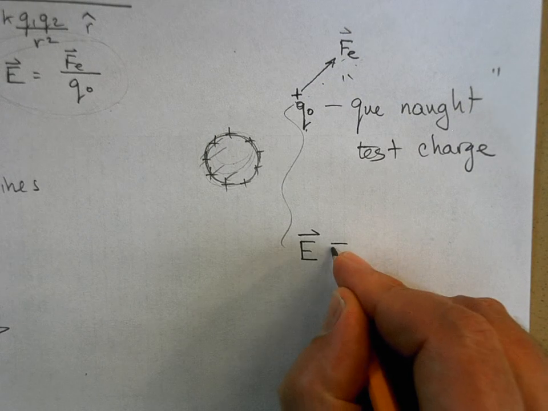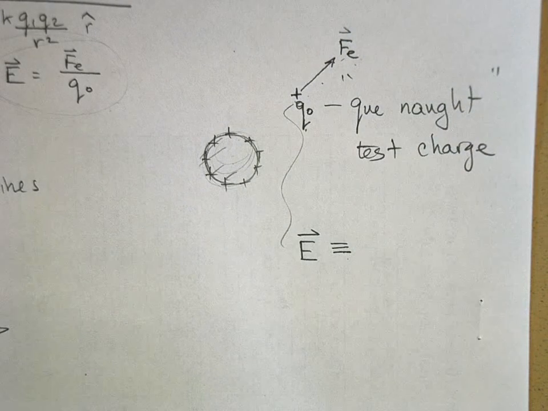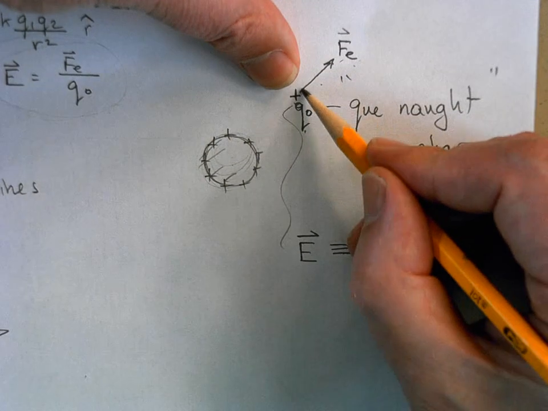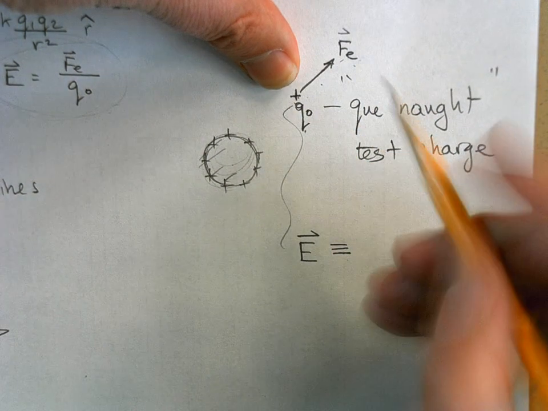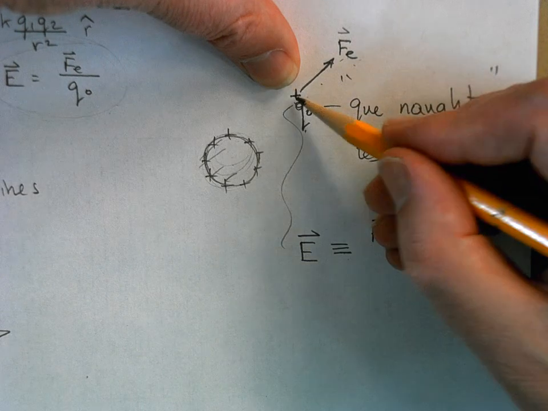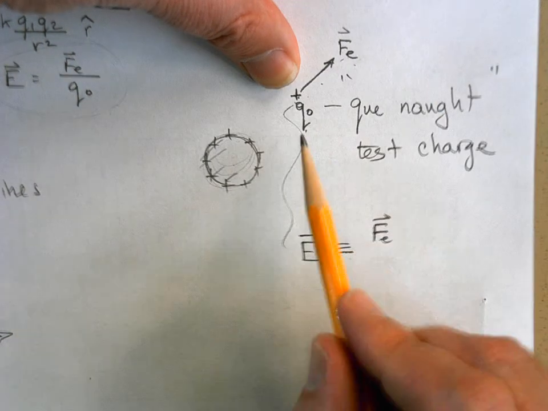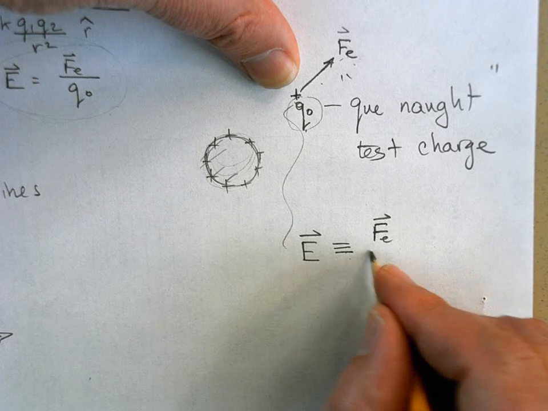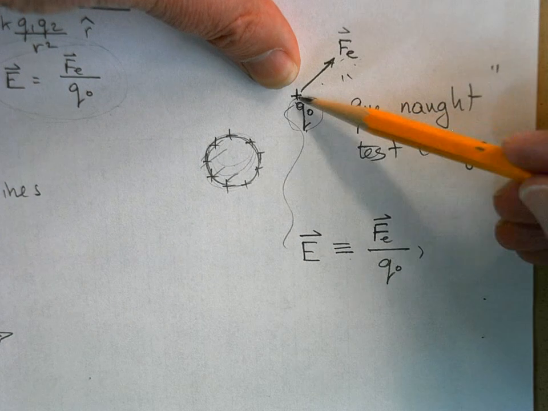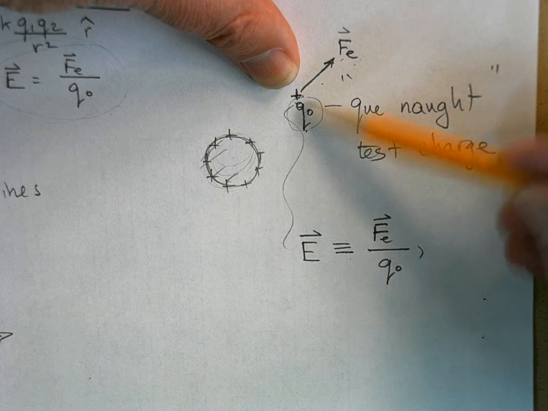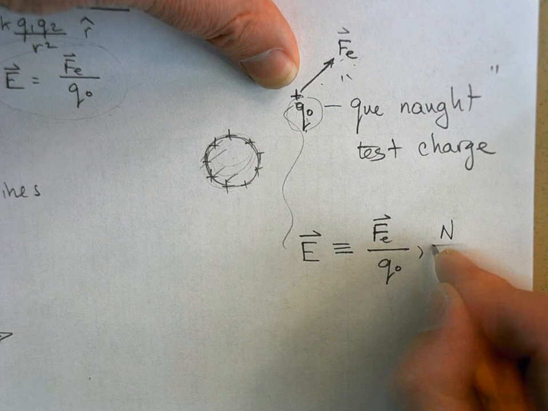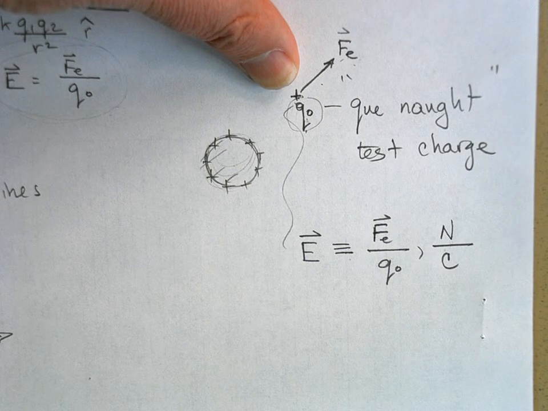By definition, the electric field is equal to the electric force at this location in space divided by my test charge. So it's how much force I get per unit charge, and it has units of newtons of force per coulomb of charge.